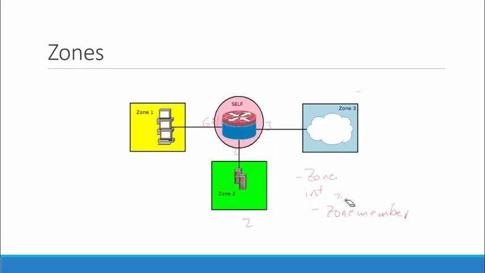All right, so earlier I talked about zones. So we create the zone, call it zone 1. Zone 1, interface, zone member. This is not the right command, this is just an example. And we do the same thing for zone 3.